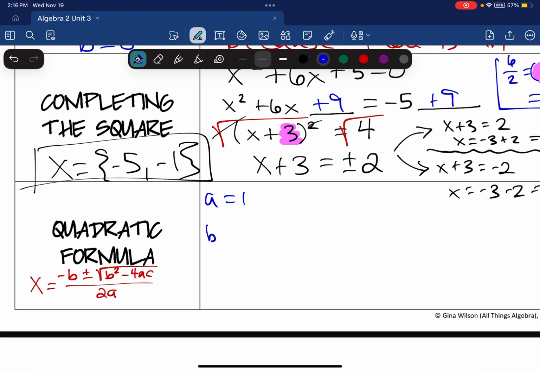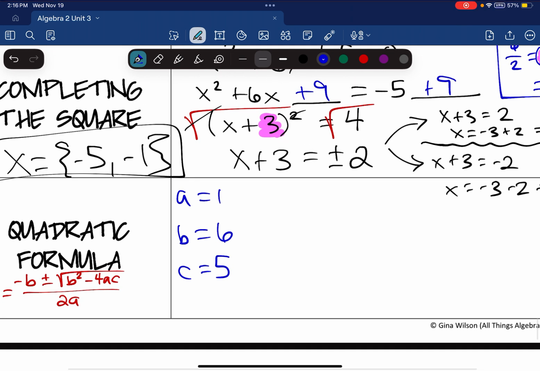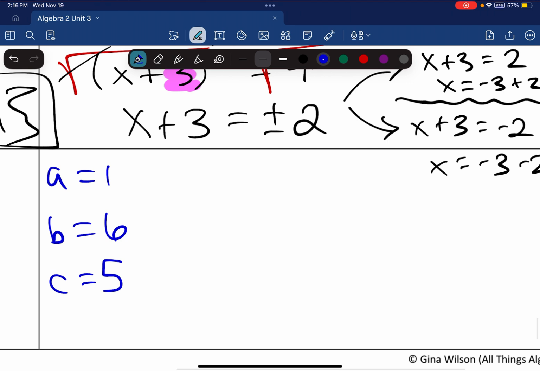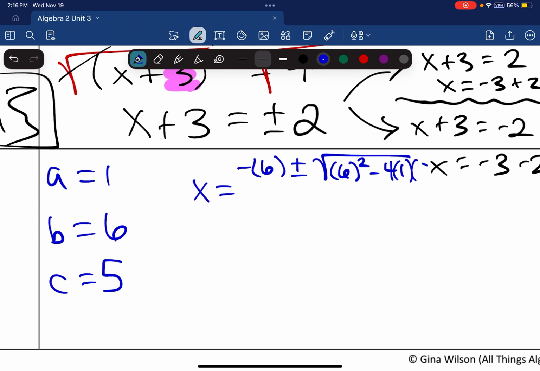A is 1, B is 6, C is 5. We're now going to plug these into our formula. Substitute in. X equals negative B plus or minus the square root of B squared minus 4 times A times C.